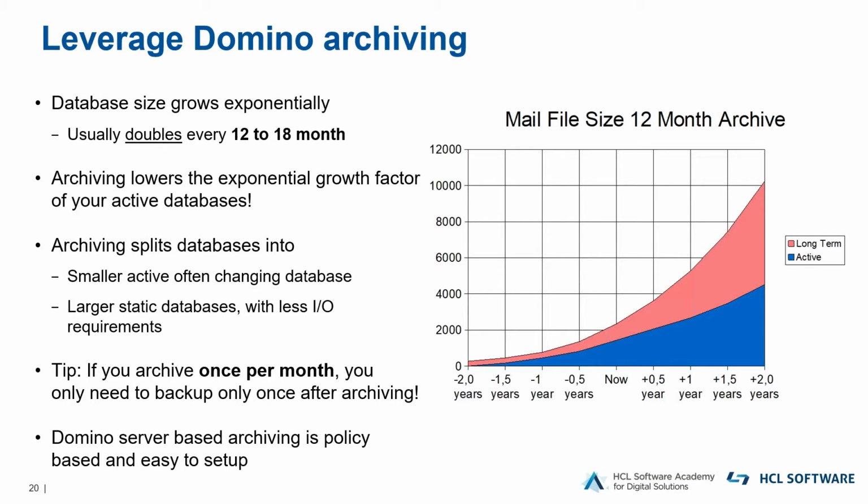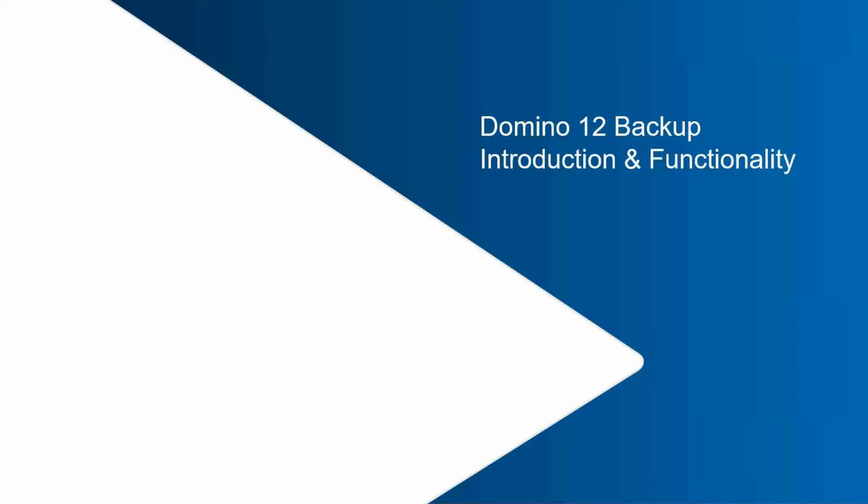So it's fully integrated into Notes, and this is really something that you could take benefit of, because we always care about the active data, and we want the fast changing data to be backed up every day, and archive mail files could be on a different schedule.